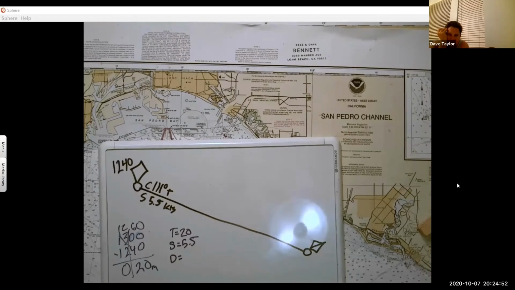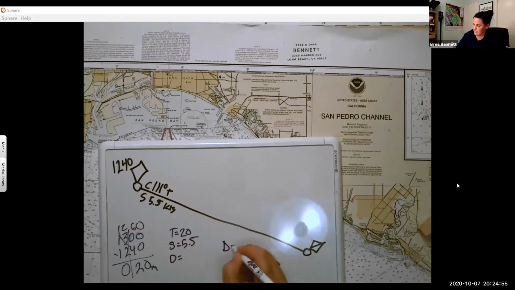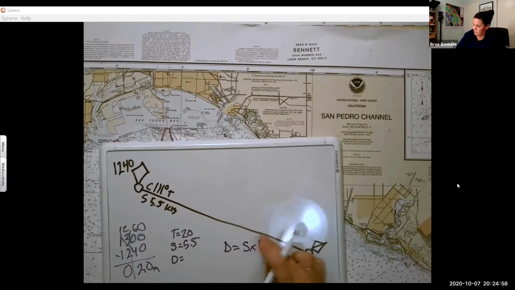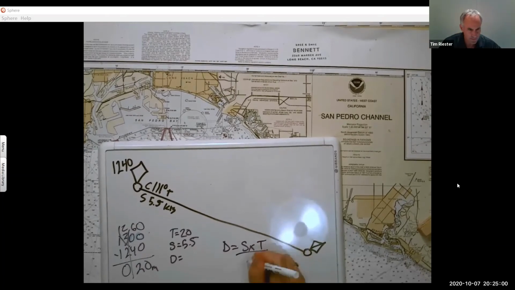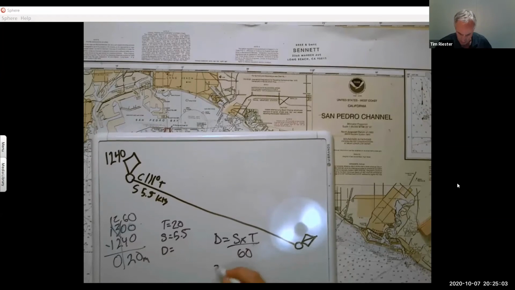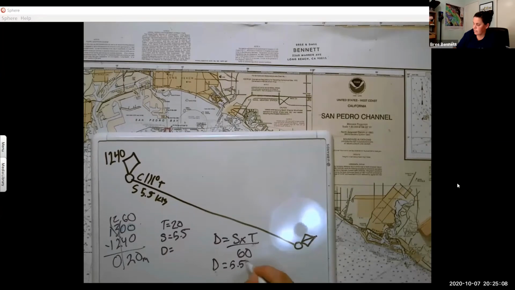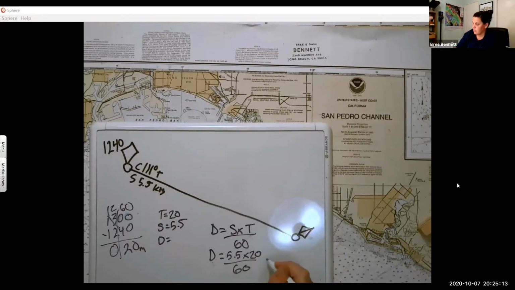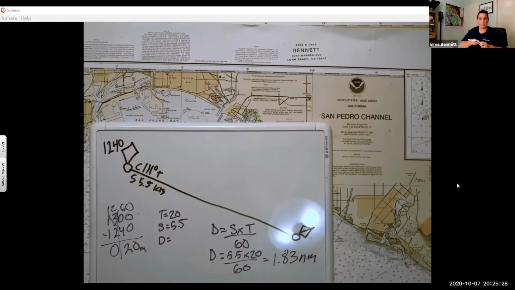D equals S times T divided by 60. 5.5 times 20 divided by 60. 1.83 nautical miles. That makes more sense.